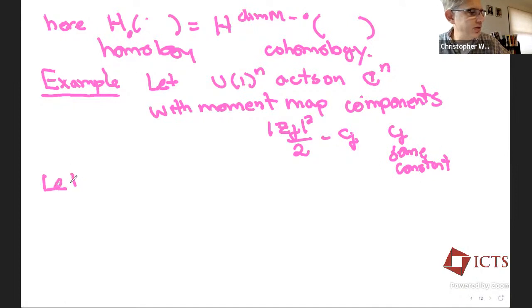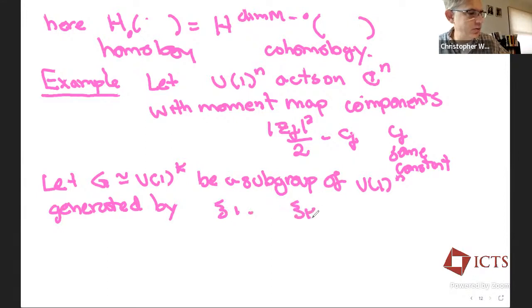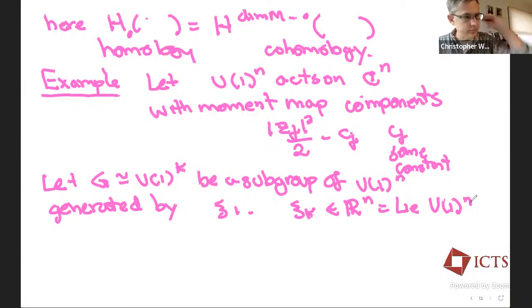And so let G be a subgroup of U(1)^n. So it's generated by some vectors c1 up to ck in R^n, which I think of as the Lie algebra of U(1)^n.